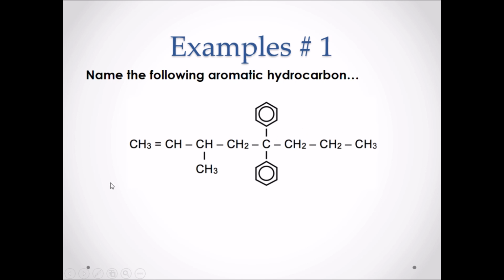And we want to number that carbon chain from the end that gives the double bond the lowest value. Therefore, this will be our 1, 2, 3, 4, 5. We have 2 phenyl branches coming off the 5th carbon in the chain, and we have a single carbon, a methyl branch, coming off the 3rd carbon in the chain. Our name is 3-methyl-5,5-diphenyloct-1-ene. Don't forget diphenyl. That is because there are 2 phenyl branches.